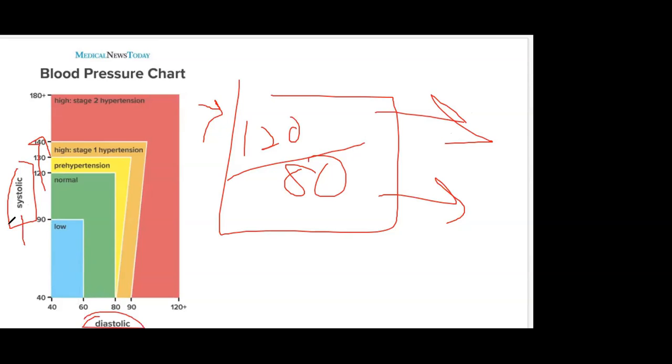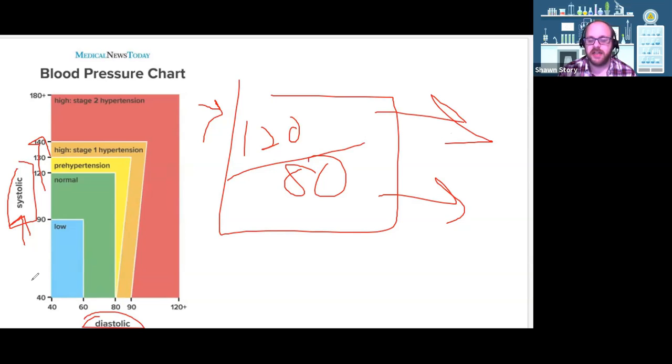The systolic is the first number and the diastolic is the second number. Systolic is the pressure when the heart is actually squeezing, right? So the boom, that squeeze, that initial pressure, and that's why it's the higher number. That is where the pressure should be the highest when the heart is squeezing, and that's the systolic pressure.